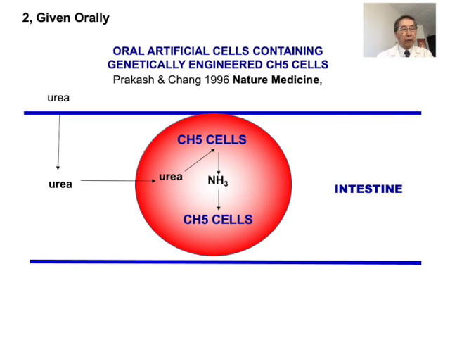Secondly, is to give it orally. We put artificial cells containing genetically engineered cells that, when you give it by mouth, can effectively convert urea into ammonia, which is then taken up by the same cells for protein synthesis and excreted in the feces, effectively lowering urea.